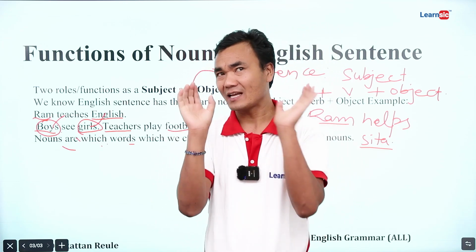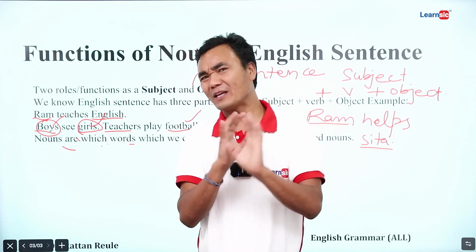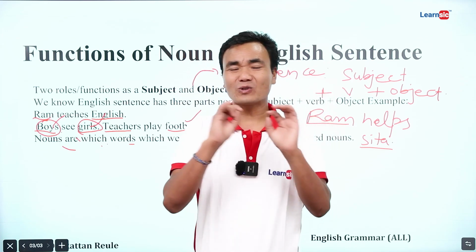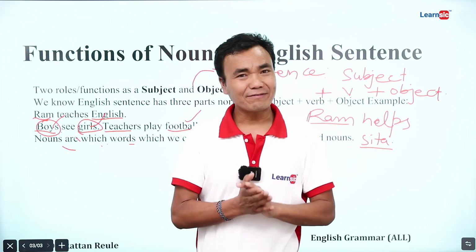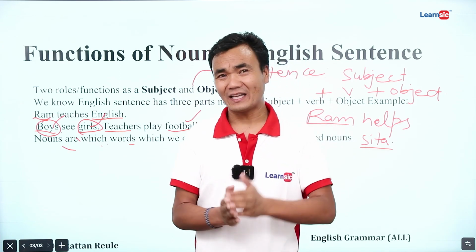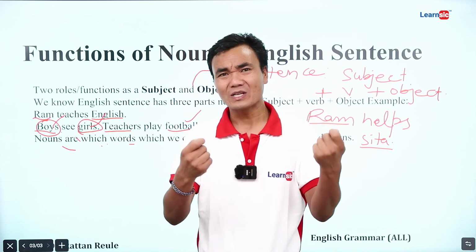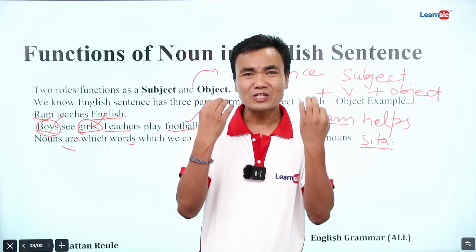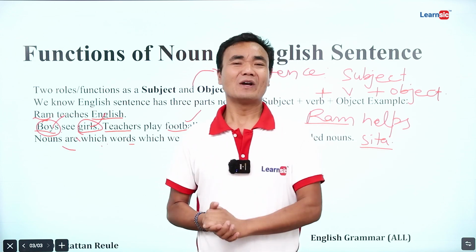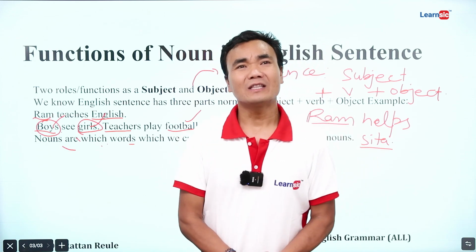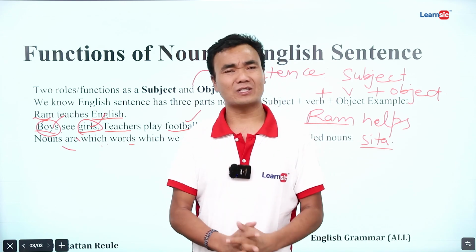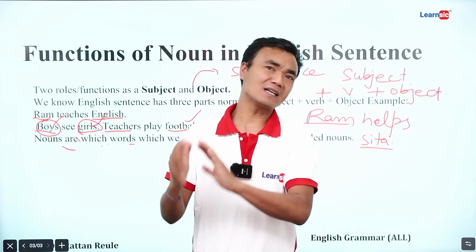Very simply, singular means only one, plural means more than one. Then countable and uncountable, initially understand this concept lightly. And after that, the most important part of this video in which I want to tell you the very important functions of noun in a sentence.